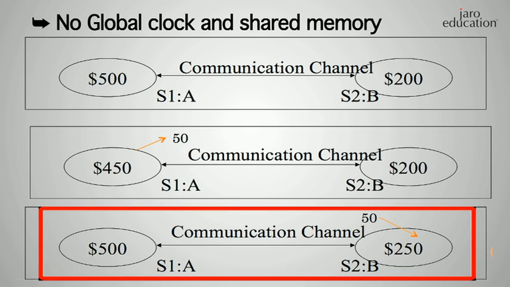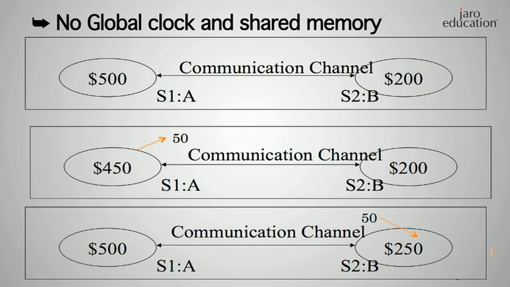Now, while these particular operations are going on, it is possible for me to collect the global state of the system such that 500 has become 450, 50 rupees has come out from here, but the 50 rupees message has not reached here. So when I collect the information from here, if the clocks were not correct, then the information I get from this particular machine would be 200 and not 250, which is wrong.